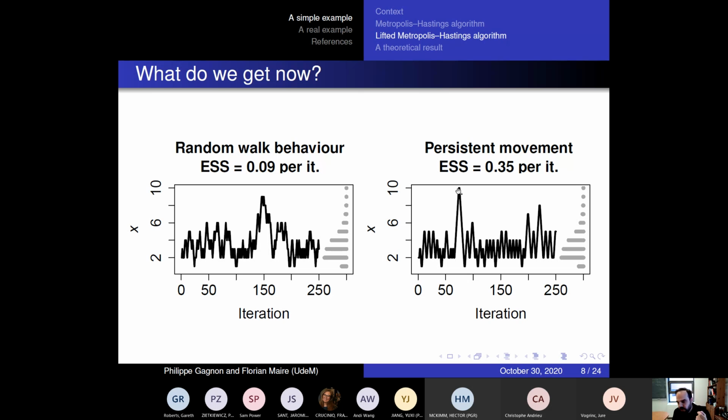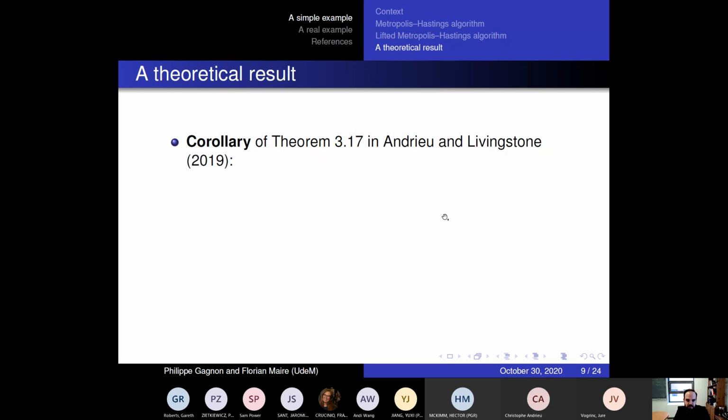So we know for sure with this lifted sampler that we will make it in one go. Okay, there will be no backtracking because we will accept step after step, and we will keep going in the same direction. So it's something really good.